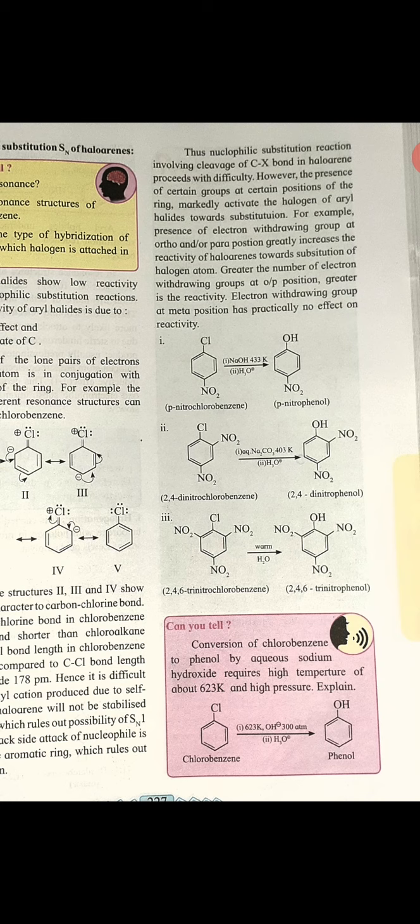There is a delocalization of pi bond electrons and lone pairs of electrons at ortho and para positions. The delocalization can take place more effectively if an electron withdrawing group is attached to the aromatic ring in haloarene.